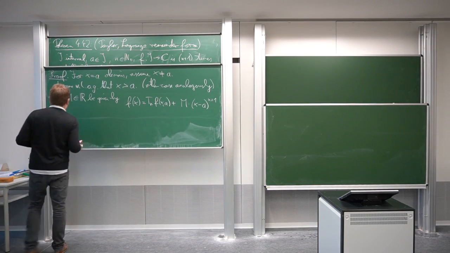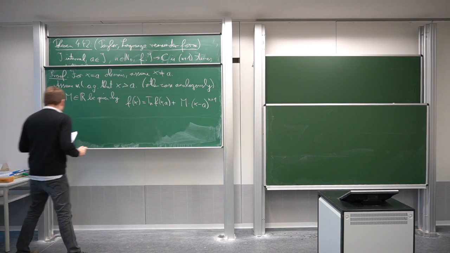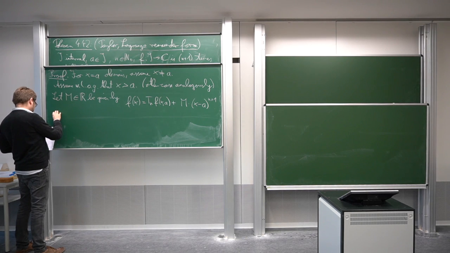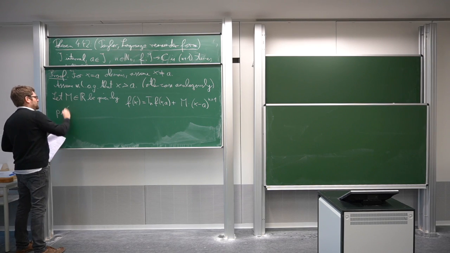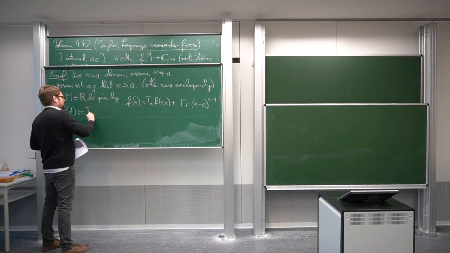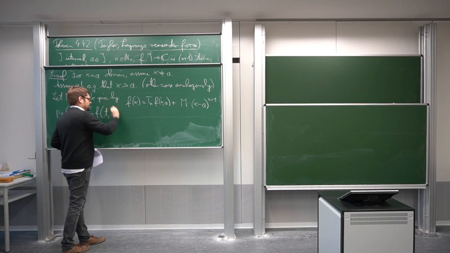Okay, so we recall x and a are now considered as fixed. What we now do is to consider another function in terms of x and a. We first put Pn of t to be, just to save some notation, the nth Taylor polynomial of f in the variable t at a.